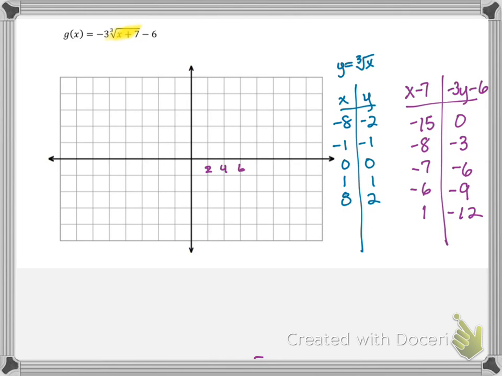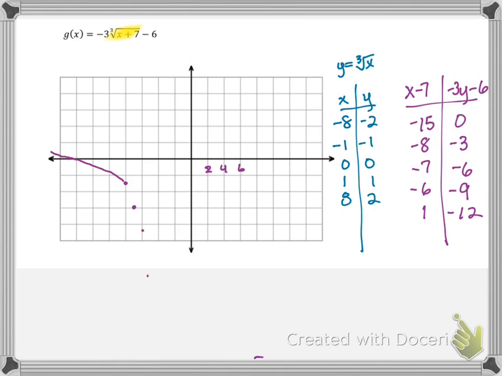So negative 7, negative 6, here it is. And then I can graph negative 8, negative 3. And I can graph negative 9, negative 6. Okay, and then negative 15, 0.